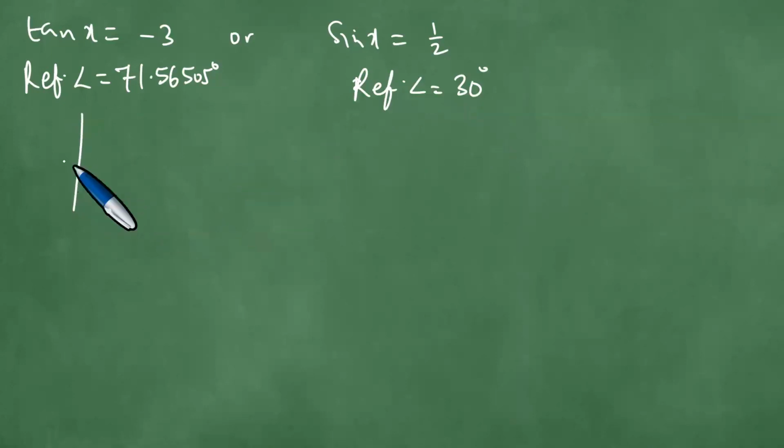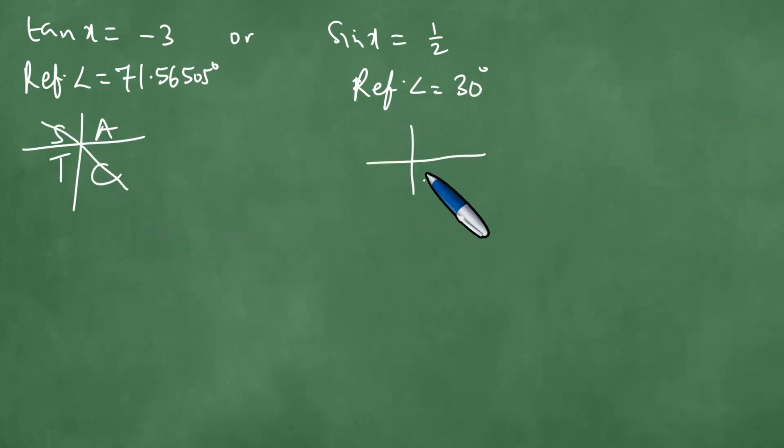Okay, now in view of the CAST diagram, we know a couple of things. We know that the tangent is negative in the second quadrant, but it's also negative in the fourth quadrant. Here we know that according to the CAST diagram, the sine is positive in the first and the second quadrants. Right, so here we shall get solutions to this. So an angle that is here will be the negative of this.